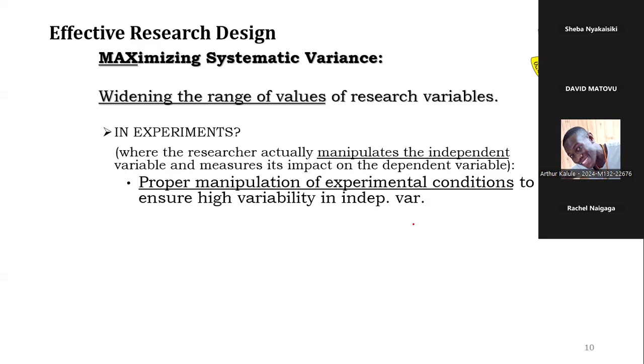So in experiments, how do you maximize? You widen the range of values for research variables, where the researcher actually manipulates the independent variable. What do we mean by manipulate the independent variable? Remember in one of the examples I gave you, the person carrying out the experiment wants to find out if online learning has improved the learning process for a particular set of researchers.